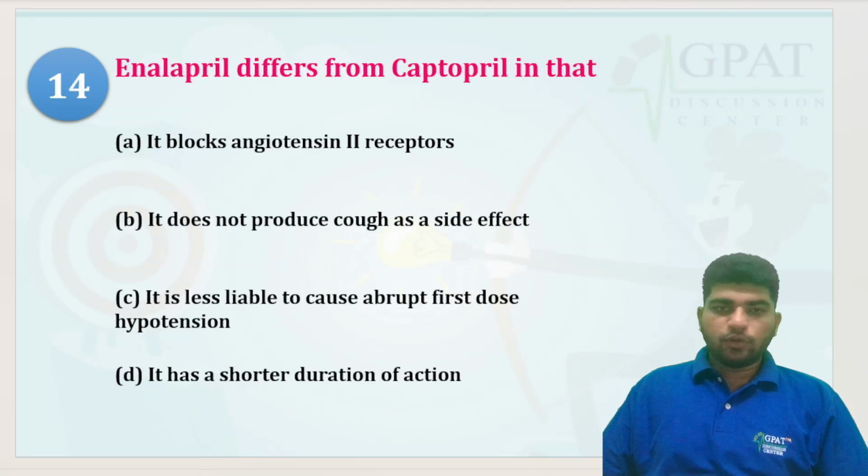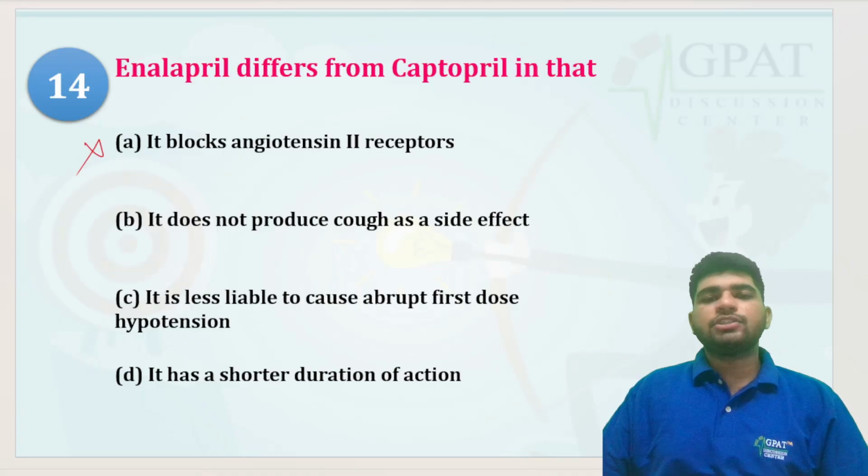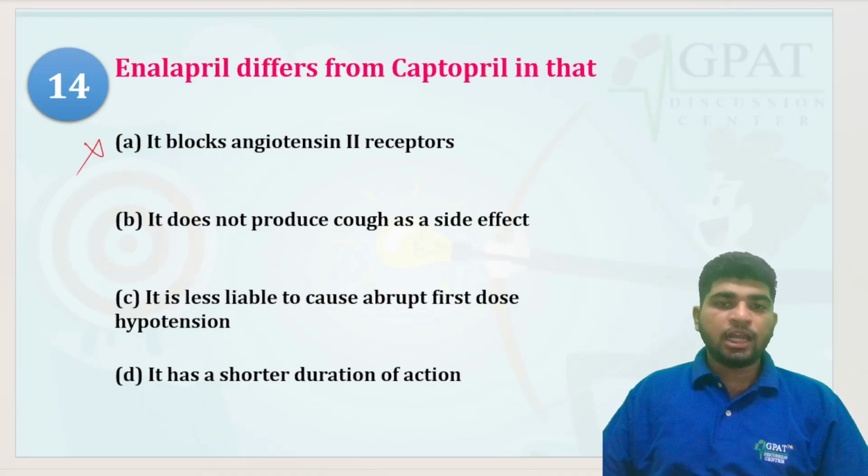Enalapril differs from captopril in that it blocks angiotensin receptors. No, there is no way that enalapril or captopril acts on angiotensin 2 receptor, because enalapril and captopril generally act on the ACE enzyme, which is responsible for the conversion of angiotensin 1 to angiotensin 2, not on the receptors. Okay, it does not produce cough as a side effect.